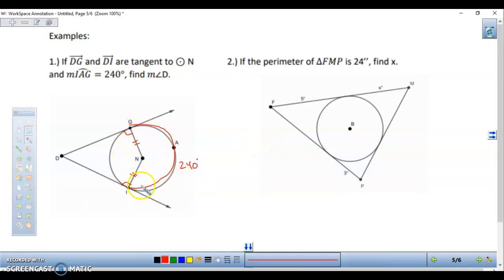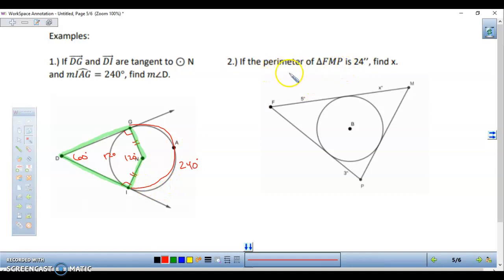If this arc is 240 and all the way around the circle is 360, this arc is 120, which makes this central angle 120 degrees. And in a quadrilateral, all the angles have to add to 360 degrees. Well, if this is 120 and that's 90 and 90, that leaves 60 degrees for D, because all four of those angles inside that quadrilateral have to add to 360.